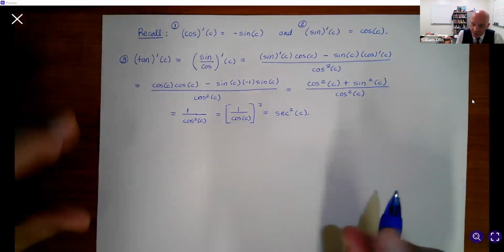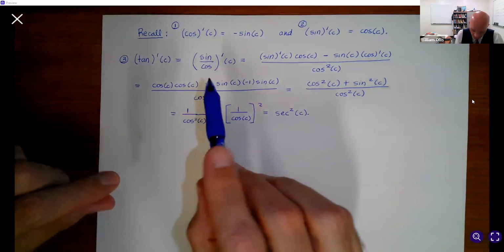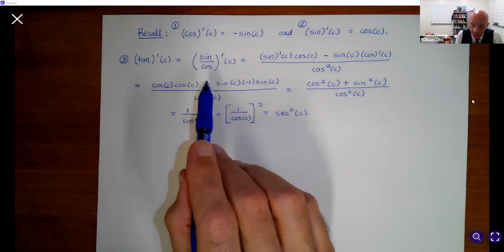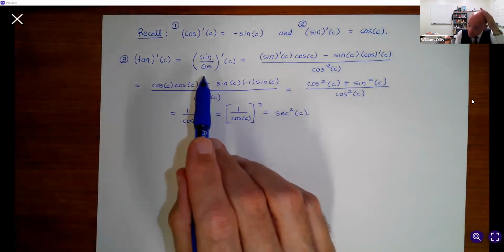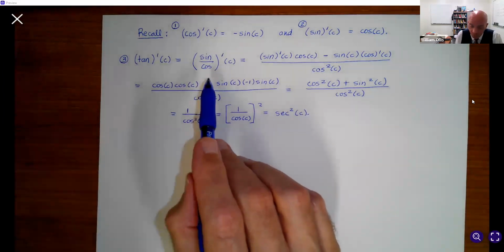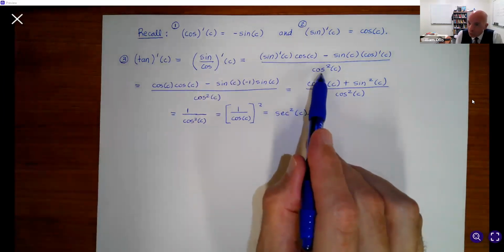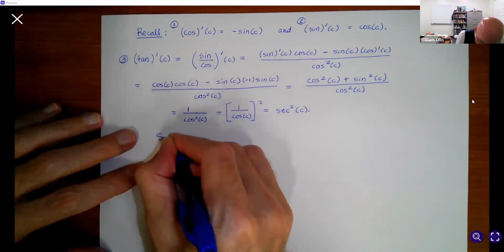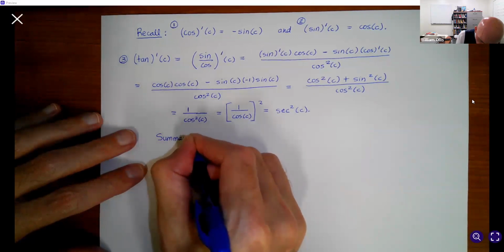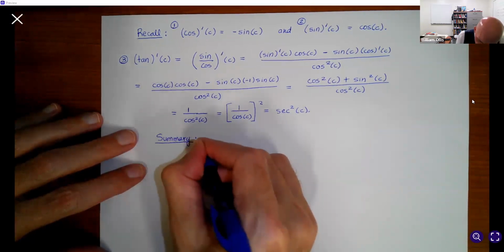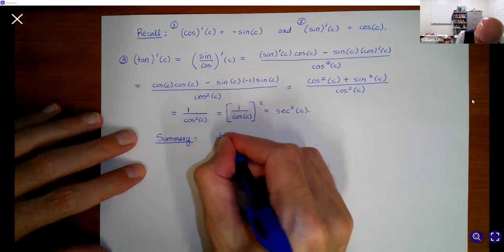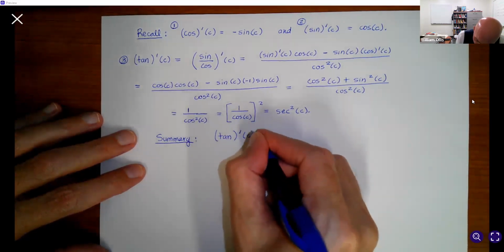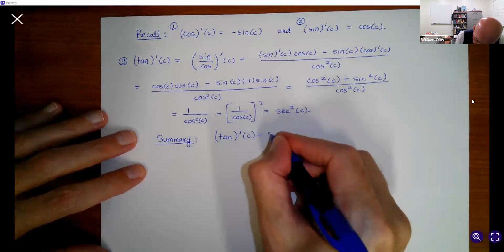And so now you can see that when you have a function that is defined in terms of the quotient of differentiable functions, you can use the quotient rule. So, as a summary, and this is not something you always expect, I'll just write it in one line: the tangent derivative at C is just secant squared.